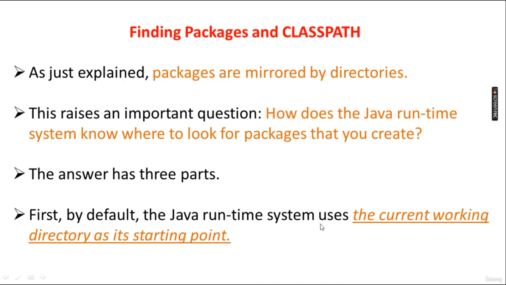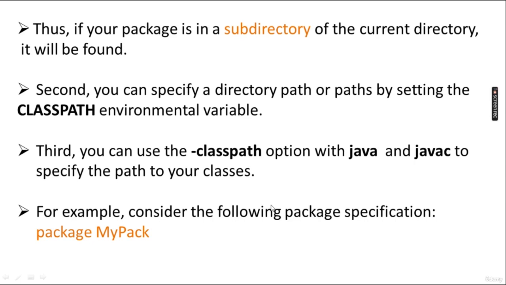First, by default, the Java runtime system uses the current working directory as its starting point. From that, it will search for the packages you create. Thus, if your package is in a subdirectory of the current directory, it will be found.